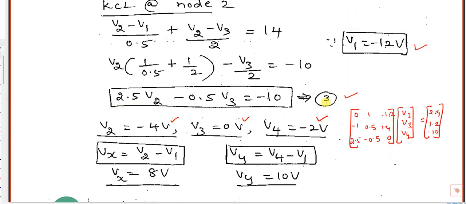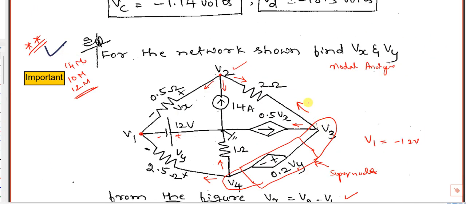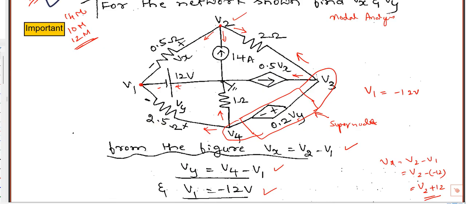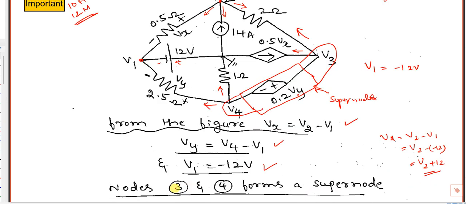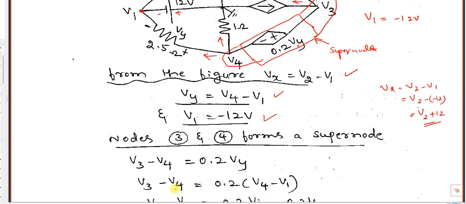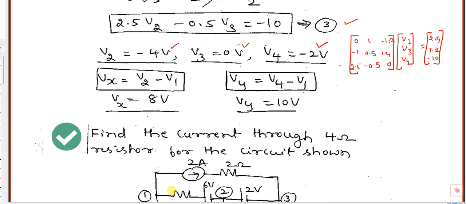For that, they have asked to find Vx and Vy. What are Vx and Vy? Vx is V2 minus V1. Vy is V4 minus V1.